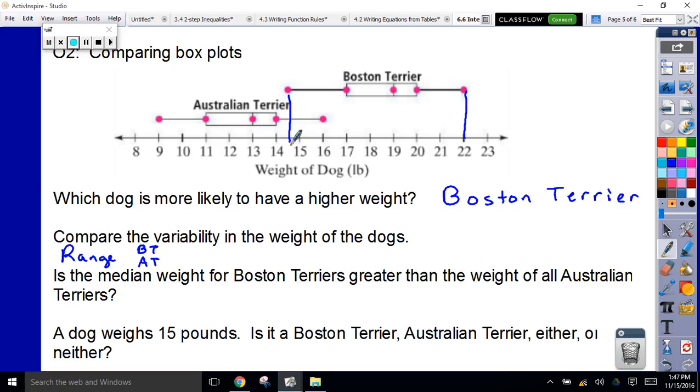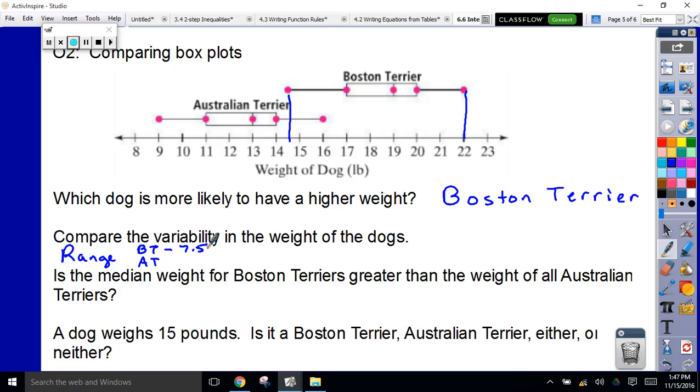So what would the range be? No, it's 22 minus 14.5. It would actually be 7.5 because 22 minus 15 would be 7, but we're subtracting some more, so it would be 7.5. So the Boston Terrier has a range of 7.5.